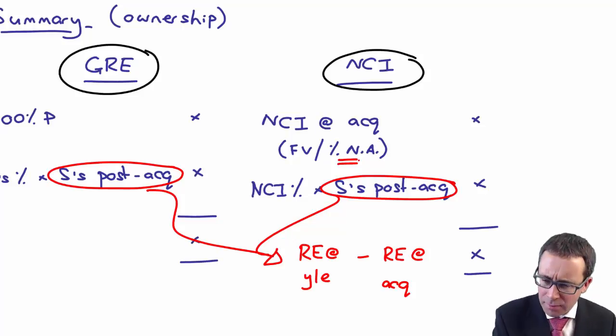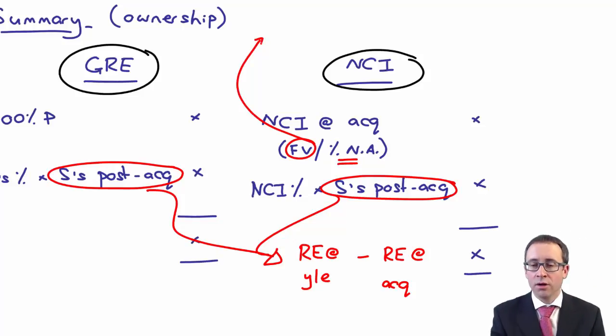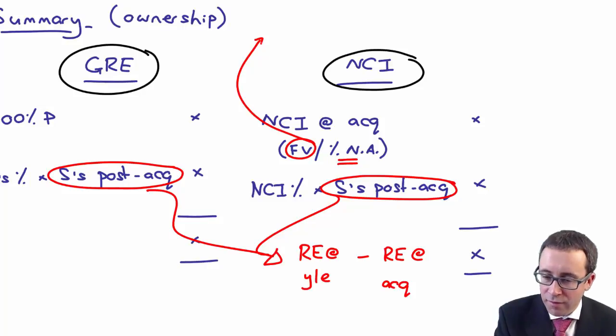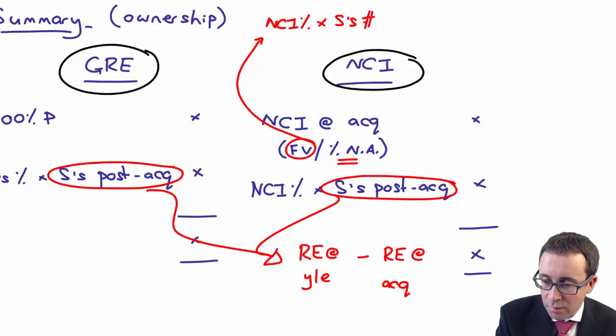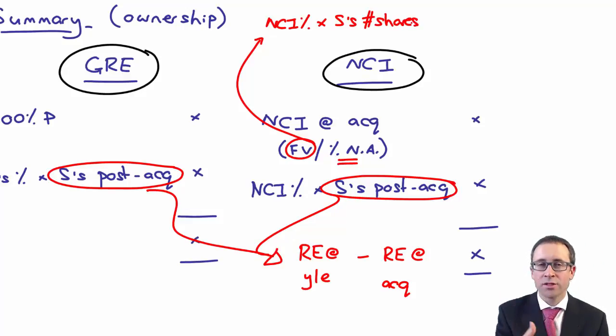If it's based upon fair value, which I'm sure will appear in some questions later on, to work it out you look at the non-controlling interest percentage of S's number of shares, because that's what the non-controlling interest own.